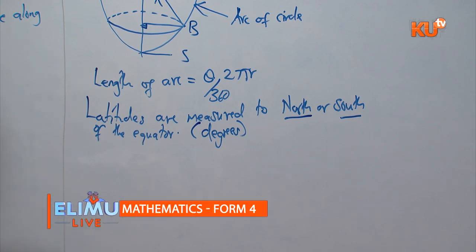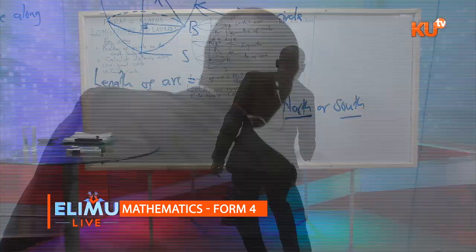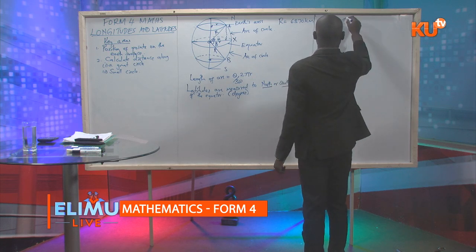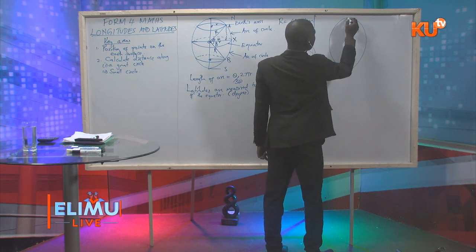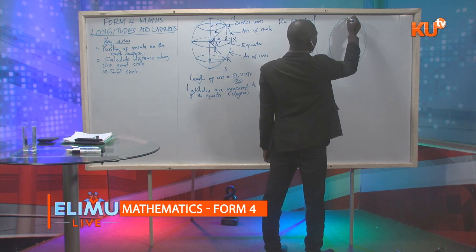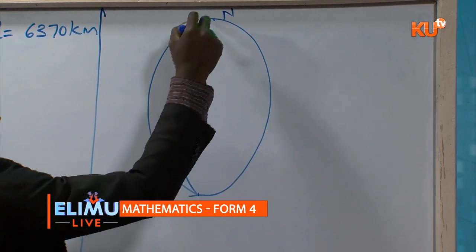Once we've known about the latitudes, then let's also look at the longitudes. Now, for the longitudes, there are great circles. This is the Earth. This is the north, and this is the south pole. And then we have the circles that are running from the north to the south.